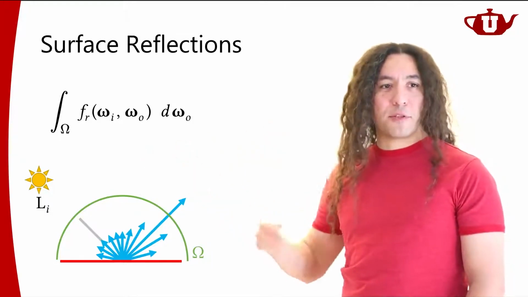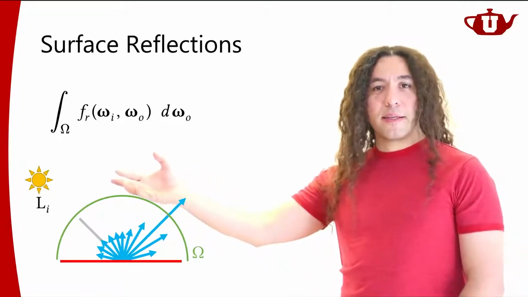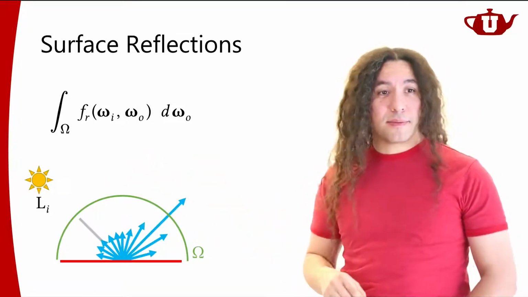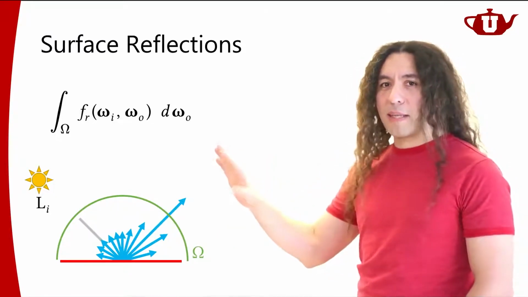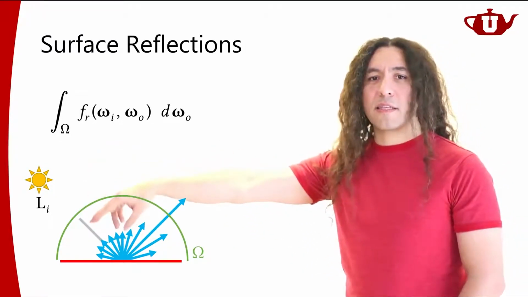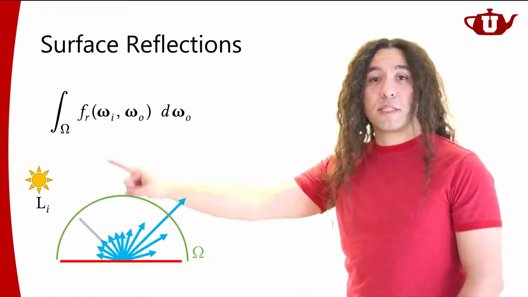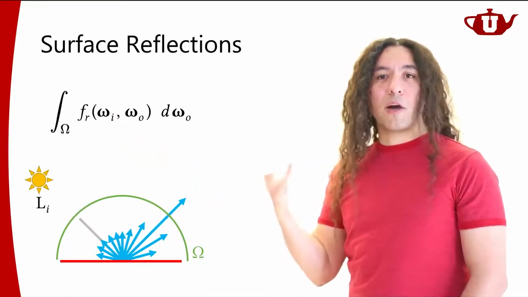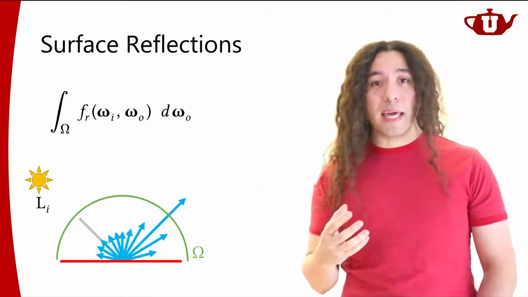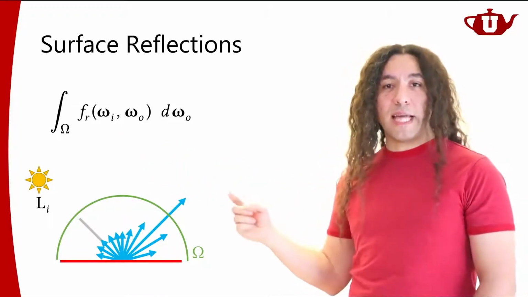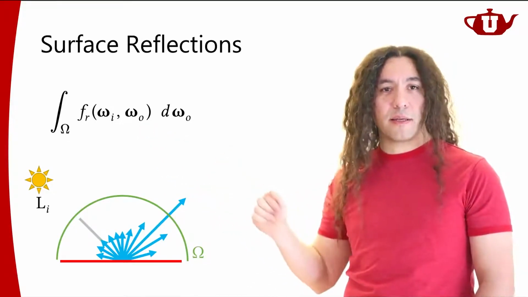Let's say that my BRDF returns some scalar value. If I integrate my BRDF, what am I going to get? Am I going to get the reflected light? I'm not going to get the reflected light because I'm not saying how much light is hitting the surface. I'm telling you the incoming light direction, which is omega I, but I'm not telling you how much light is coming to that surface. So my BRDF is only telling me the percentage of light that is reflecting off of each one of these omega O directions.